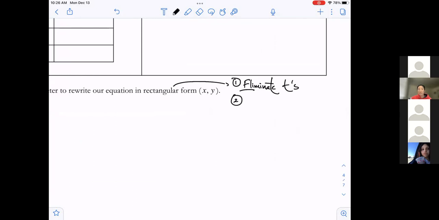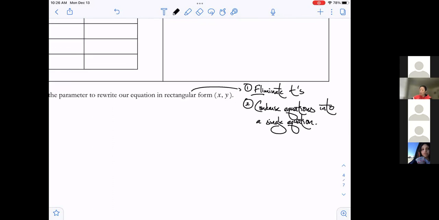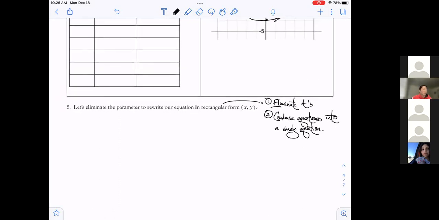And the second thing it means is condense equations into a single equation.